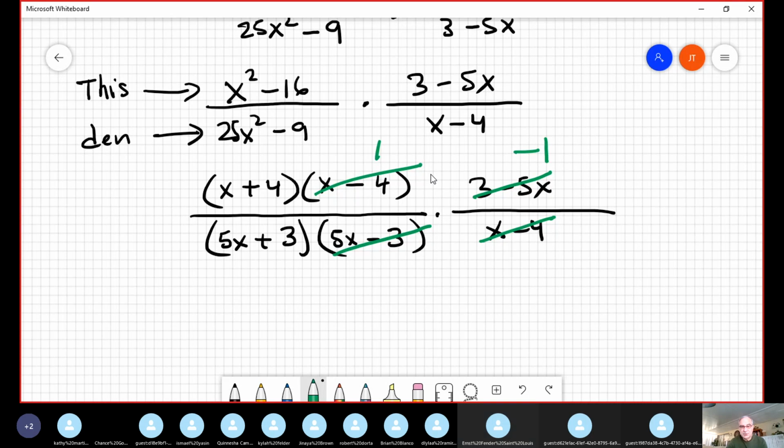But when it's the totally opposite sign, you cancel, of course, but you put an extra negative one. So what's the answer? The answer is negative, on top x plus 4, and on the bottom 5x plus 3. Very well, like option A.